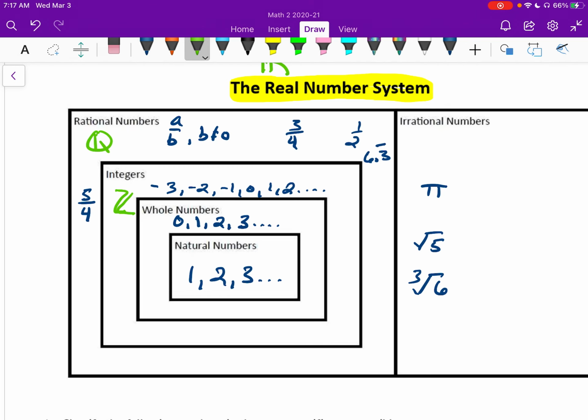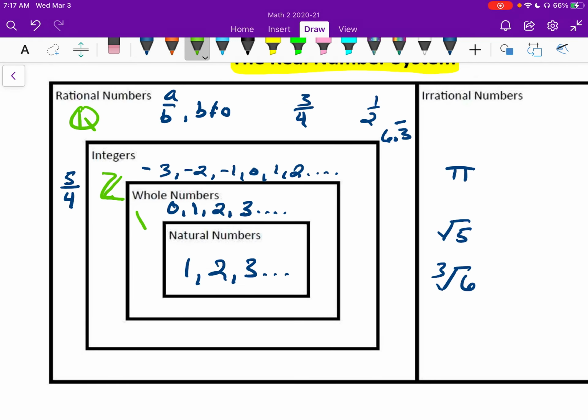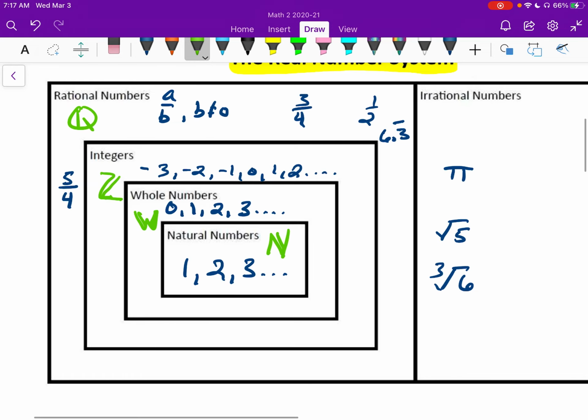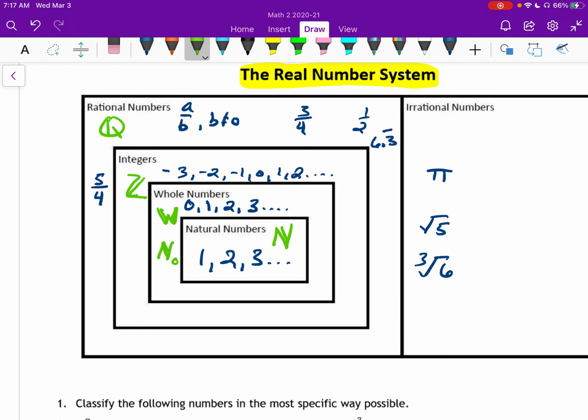Whole numbers get a W, and then we have extra lines on it. And then the natural numbers is a fancy N with an extra line there. The whole numbers might also be described as an N with a little 0 at the bottom, because it means it's the naturals plus 0. So they might be described as that.